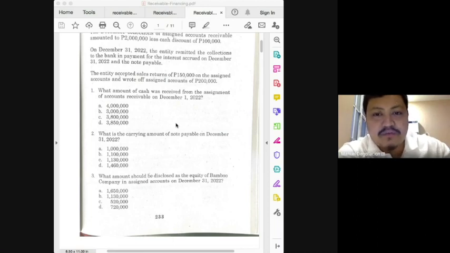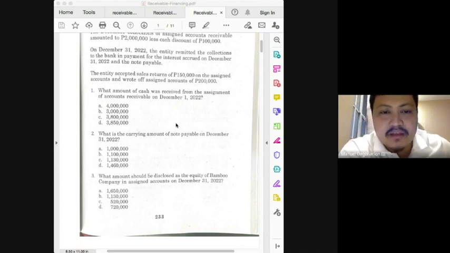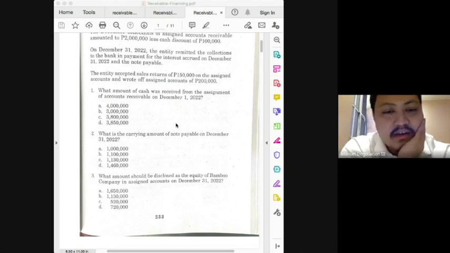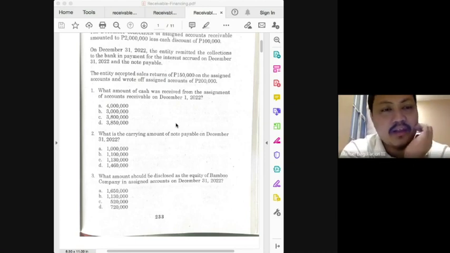If we have a lot of accounts receivable without knowing that these were actually assigned as a collateral to our borrowings, then financial statement users might think that the entity is actually very liquid, when in fact the entity has no more control over the cash that might be collected out of these receivables, because they will just be remitted to our creditors from this borrowing. So that's why there's a need to make this disclosure.